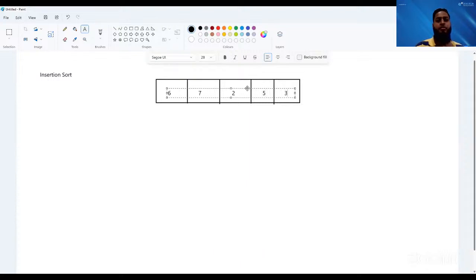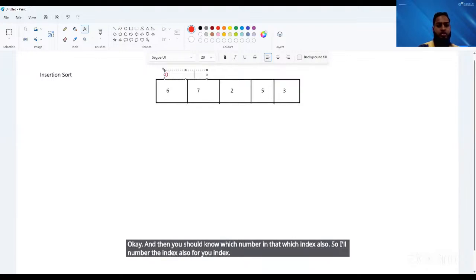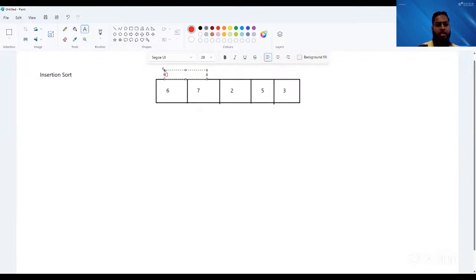Okay. And then you should know which number is at which index also. So I'll number the index also for you. When we do the programming, that time we'll do the index.